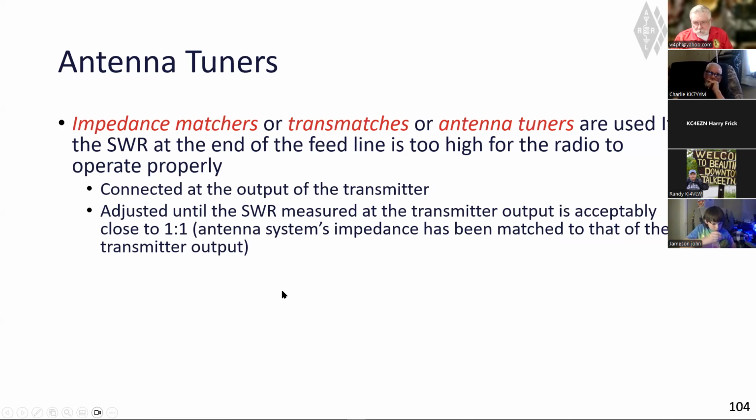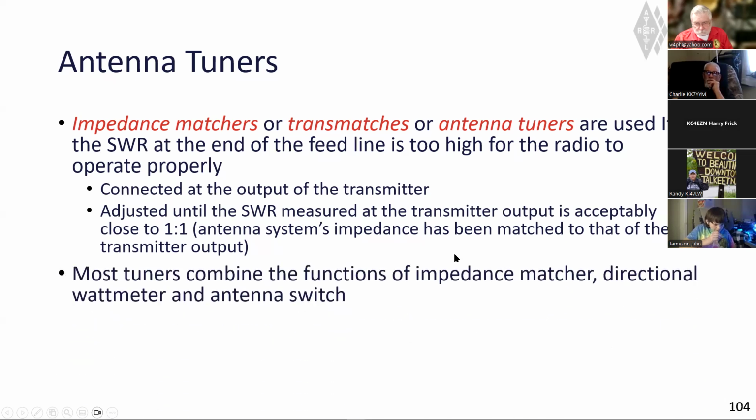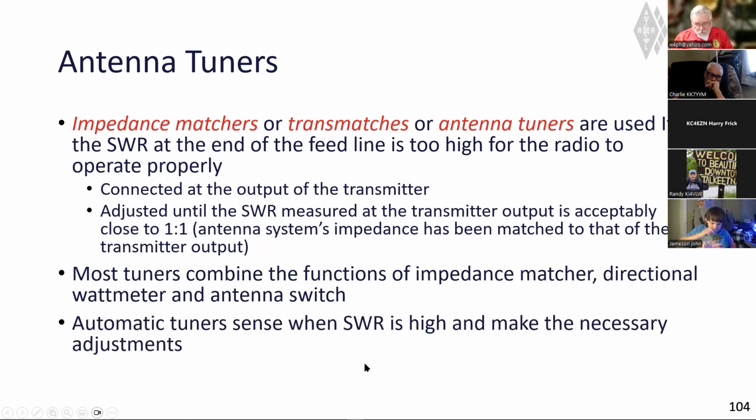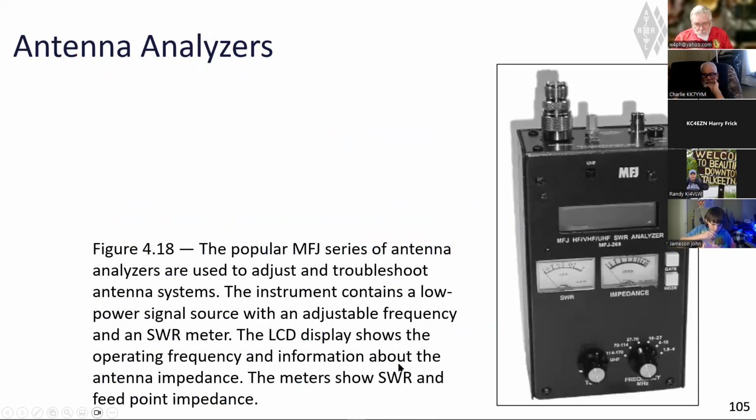The antenna system's impedance has been matched to that of the transmitter output. Most tuners combine the functions of an impedance matcher, directional watt meter, and an antenna switch. Automatic tuners sense when SWR is high and make the necessary adjustments.